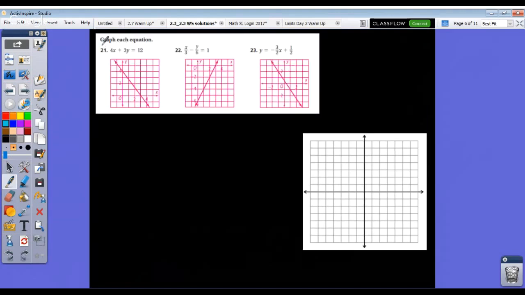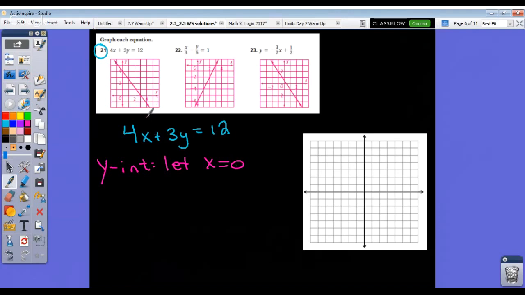Ask us to graph, so I'll start with 21. 4x plus 3y is equal to 12. I see a 4, a 3, and 12, and I notice that 4 and 3 are both factors of 12. I also notice this is in standard form. Graphing in standard form using intercepts. So I'm going to start by finding the y-intercept, and the way we do that is to let x equal 0.